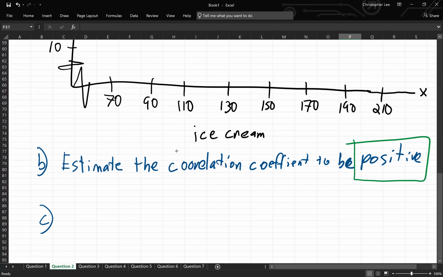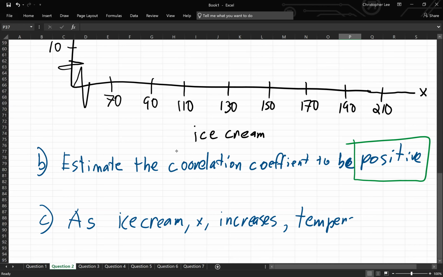So now the interpretation, right? We said positive. So as ice cream, which is our X, increases, temperature, which is our Y, increases.